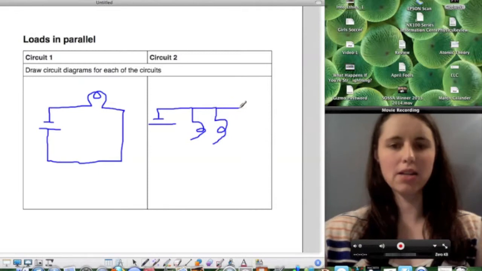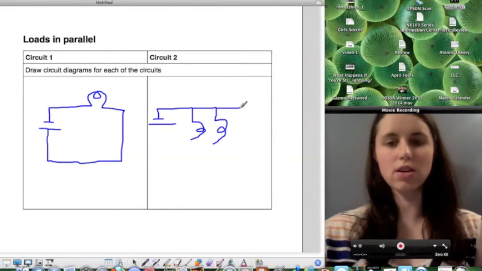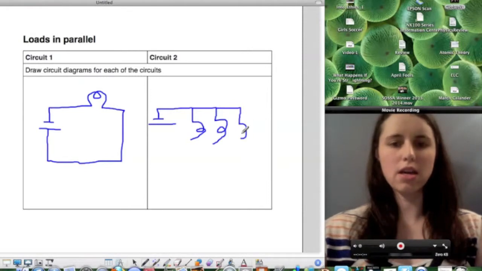Remember, parallel, you have options, right? In series, the current can only flow one way. In parallel, they have, in this case, 3 options, right? So we have our 3rd load. Let's close these circuits. Hopefully yours looks neater than mine. That's okay. Perfect.